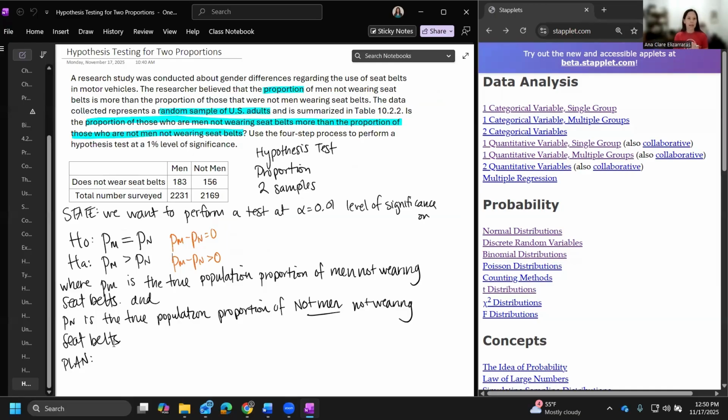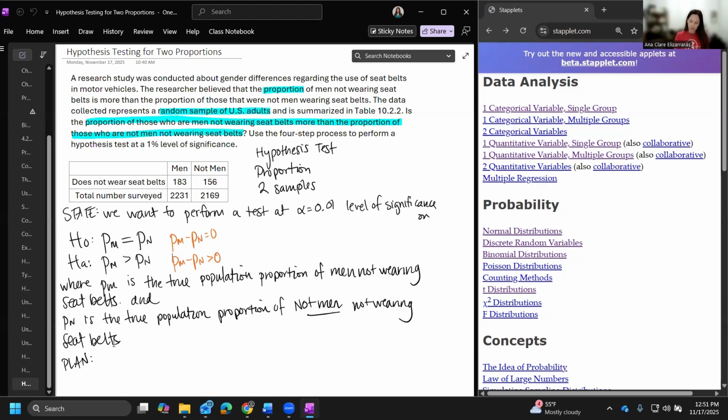So it does say that a research study was conducted. The researcher believed the data collected represents a random sample of US adults. So it was randomly collected and they categorized them into did not wear seatbelts or into men versus not men and then collected there.